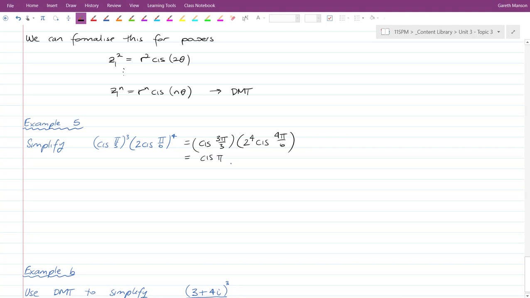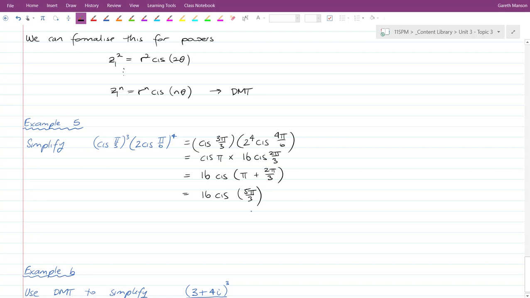That can be simplified quite nicely, but I don't want to do that simplification yet because I want to do this multiplication first. This is 16 cis 2 pi on 3. And that multiplication works using our initial rule. It becomes 16 cis pi plus 2 pi on 3, which is 16 cis 5 pi on 3.